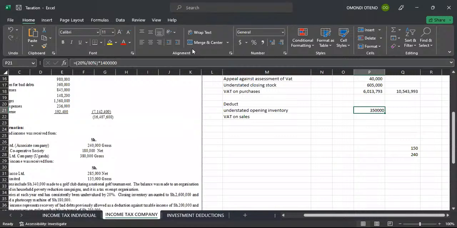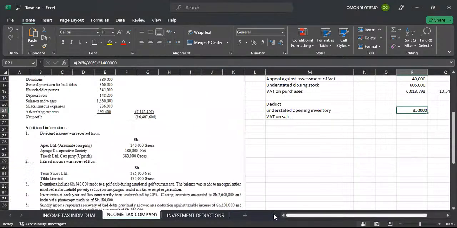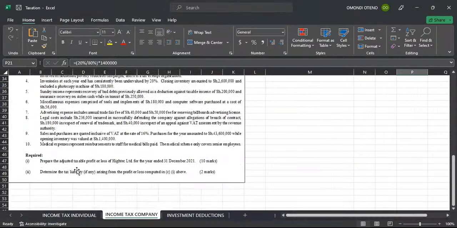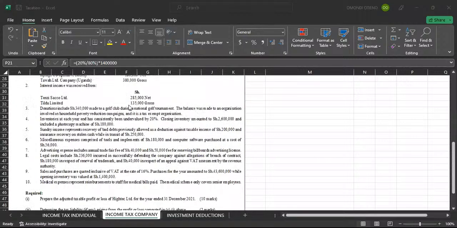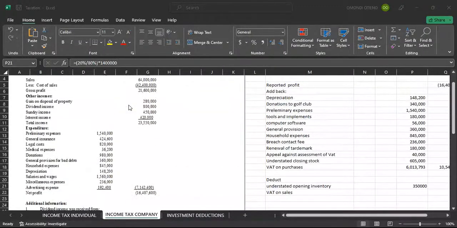Then the next one, still under that information, we have this figure here. We are told that sales and purchases are quoted inclusive of VAT at the rate of 16%. Purchases for the year, 43,600, well, opening inventory was that. Do we have the value for sales given to us?